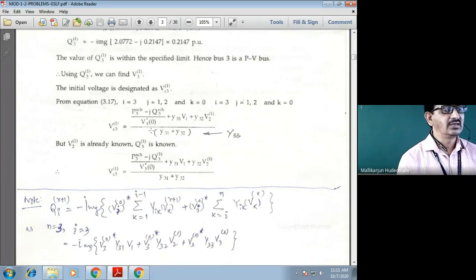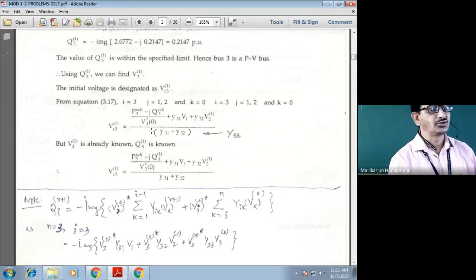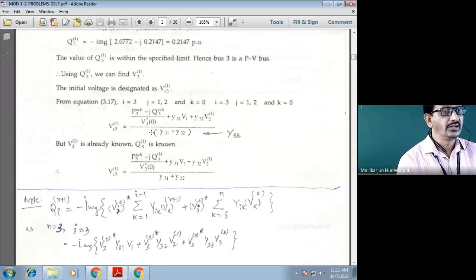It is exactly same as what the equation we obtained on first day of introduction of load flow basic equation. It is same.